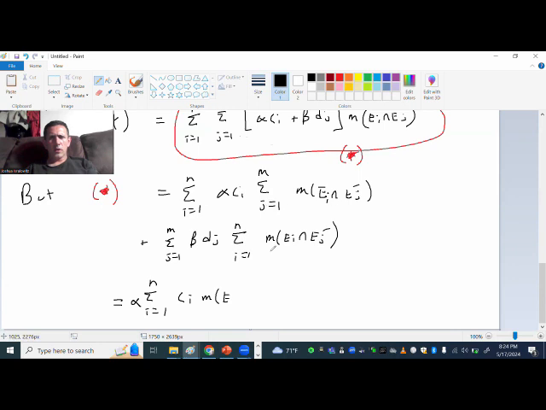So this is E_i, beta, j equals 1 to m, d_j, measure of E_j prime.